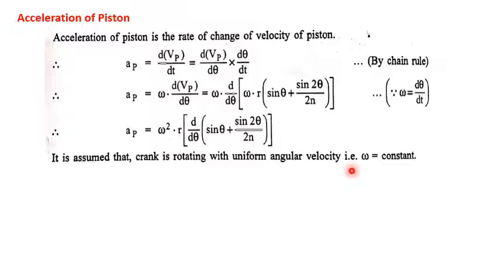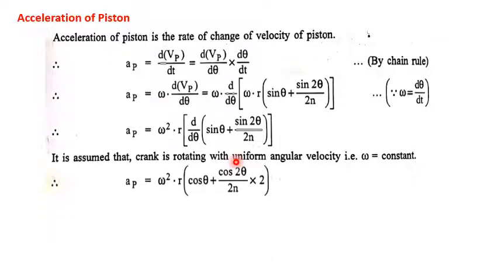We don't know whether the crank is rotating with uniform angular velocity or not, so in the first case we assume it is. Therefore omega is equal to constant.